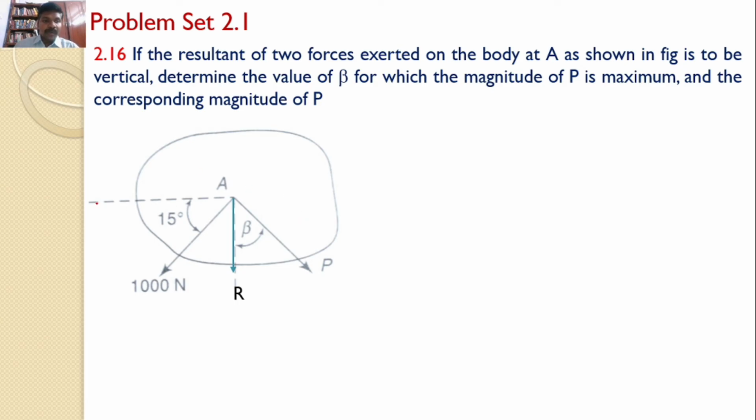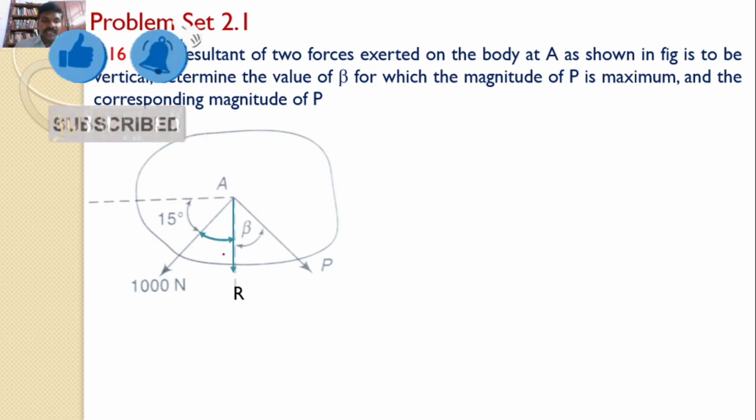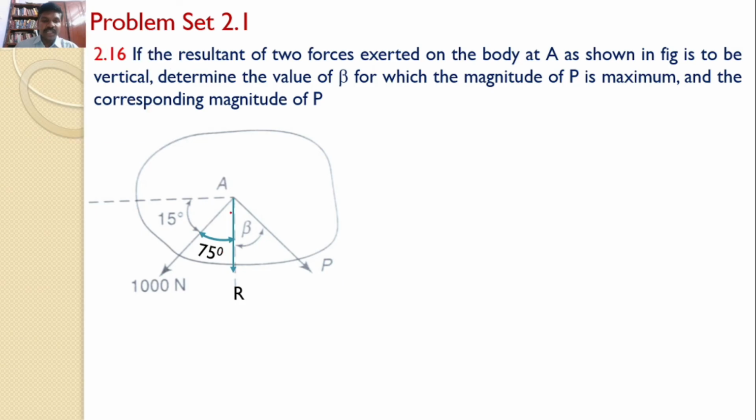In this problem, the 1000 newton force makes an angle of 15 degrees with the horizontal. Hence, it makes 75 degrees with the vertical, so that these two become 90 degrees. The angle between horizontal and vertical is 90 degrees. Now, the angle between these two forces, 1000 newtons and P, is 75 plus beta.